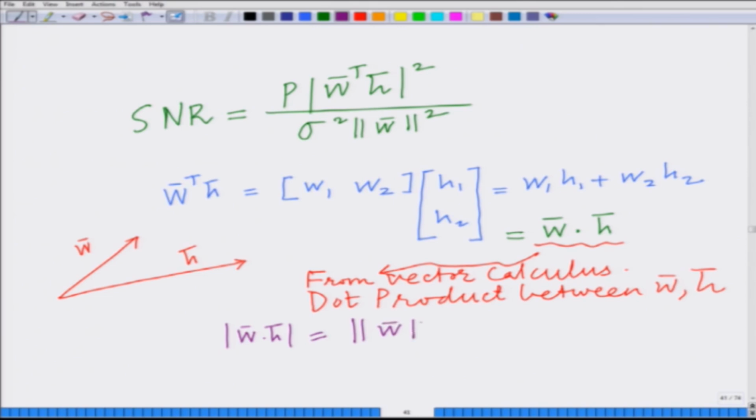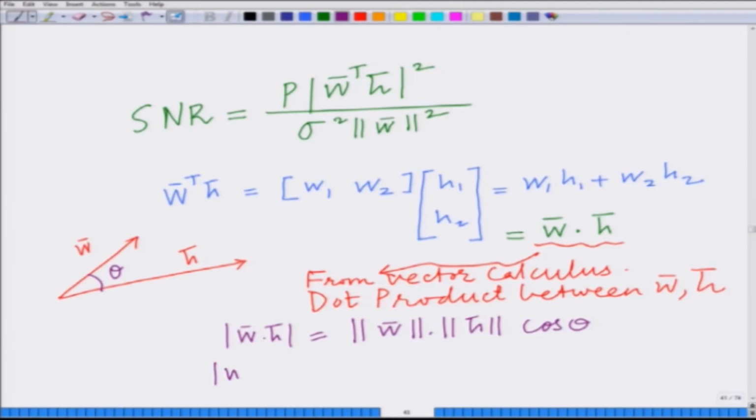Therefore, magnitude of W bar dot H bar equals norm of W bar times norm of H bar times cosine of theta, where theta is the angle between W bar and H bar.